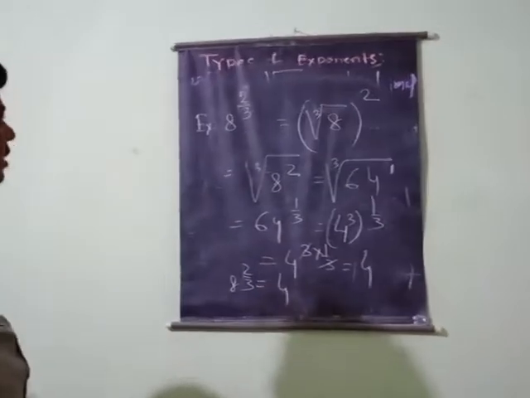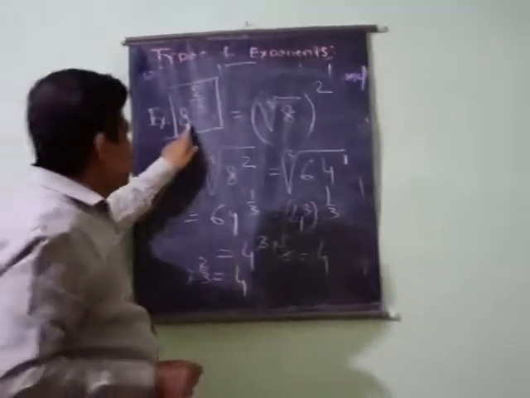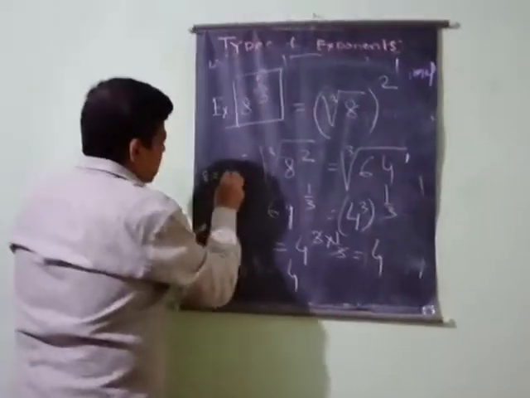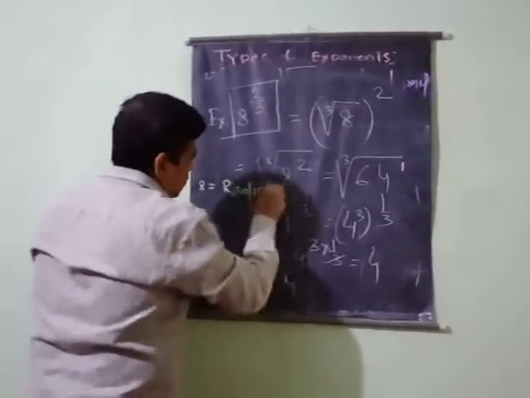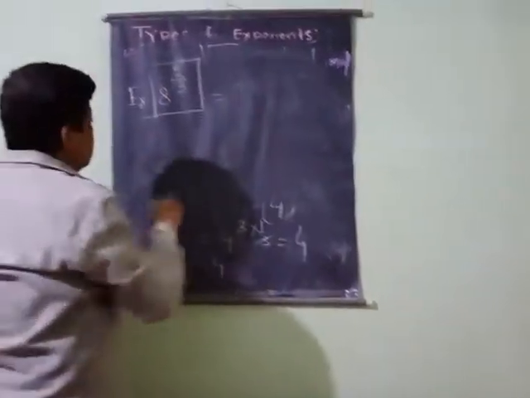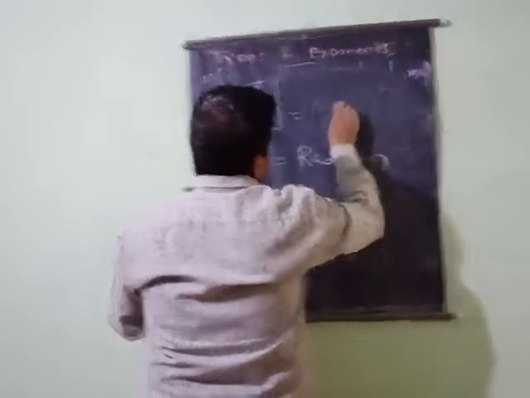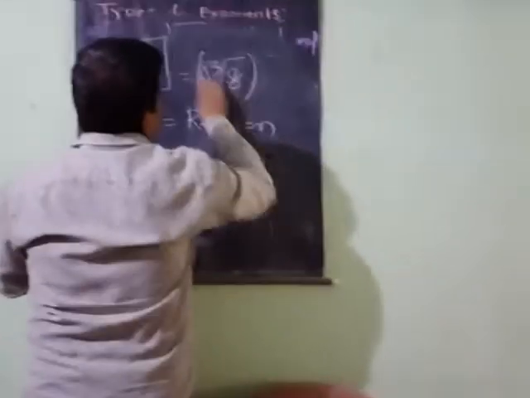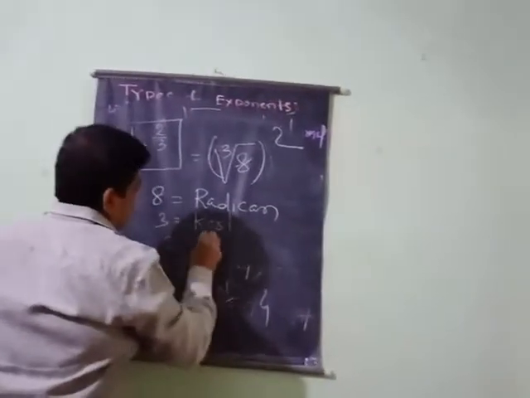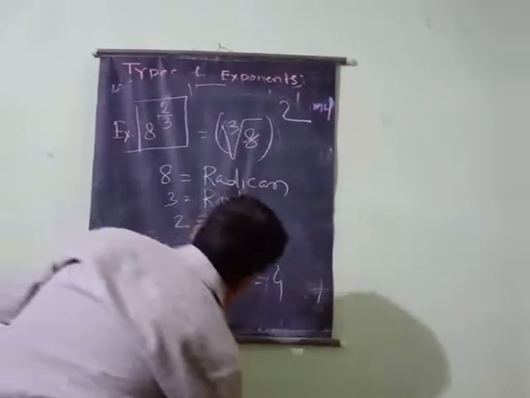This is an example of a rational exponent where 8 is called the radicand. 3 is the root of the exponent and 2 is the power of the exponent, which is a positive integer. Is it clear to all of you? Understand?